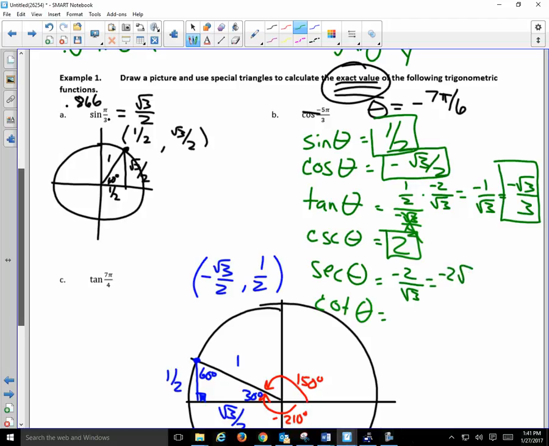Negative 2 roots of 3 over 3. Cotangent. Pause. Don't flip this one. Flip where it came from. See that? If you just think about your work, you'll save yourself some time. Don't flip this one. Flip the one before it. I get negative root of 3.